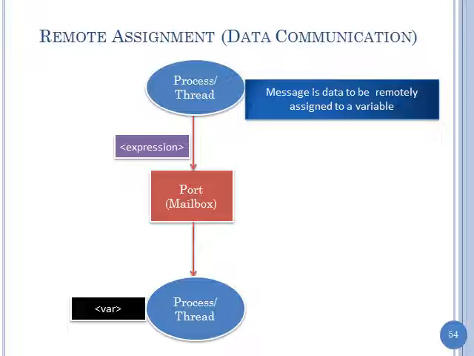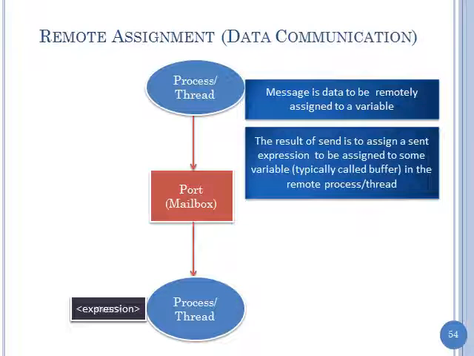There's an expression that is stored in the mailbox. When that message is received, that expression is written to the variable. That's the way I'm understanding it. And the result of send is to assign a sent expression to some variable in the remote process.